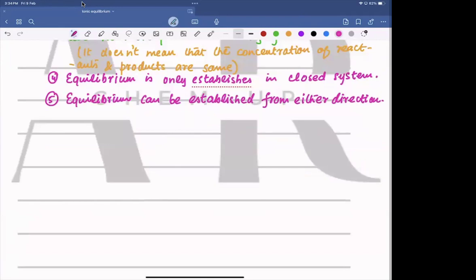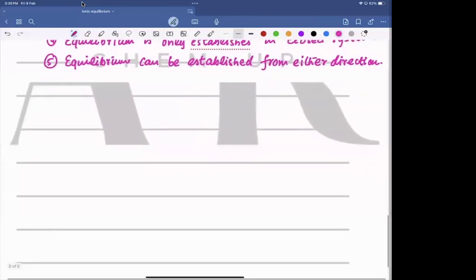If we just use products, those products can also start reacting and form the reactants. So we can establish the equilibrium by starting from either side. Is this point clear to all of you? Yes, sir. Okay.